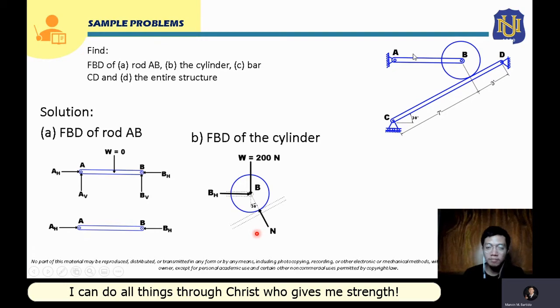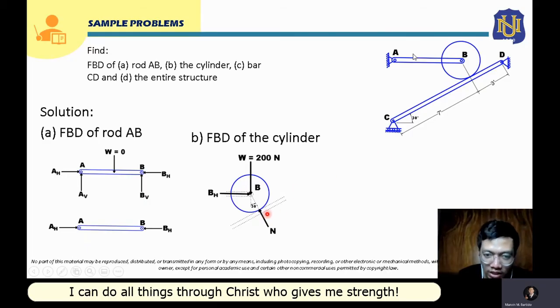And for our fourth step, we need to show here the relevant angles and dimensions. As we know, the angle of the incline of bar CD is 30 degrees from the horizontal. If this is perpendicular to the incline and we draw a vertical line here, the angle of this normal force from that vertical line will be equivalent to 30 degrees, the same as the angle of the incline from the horizontal.